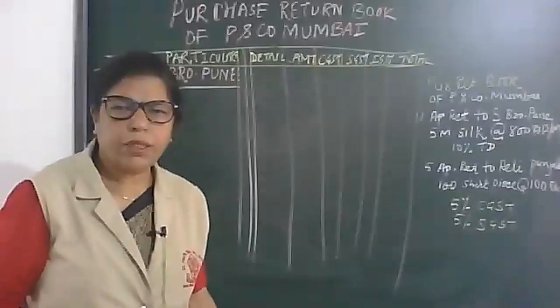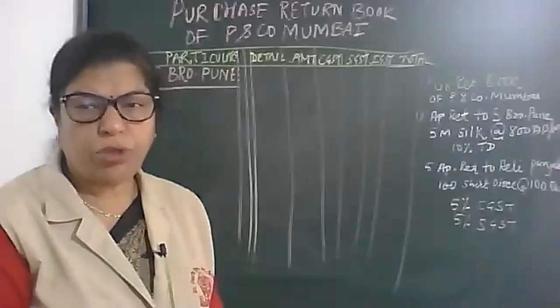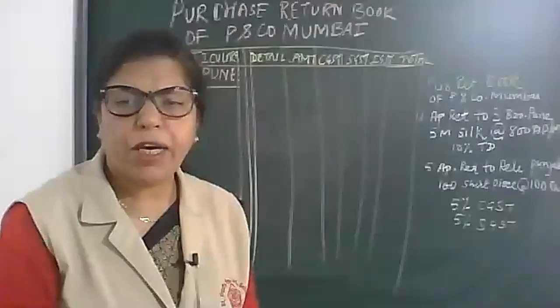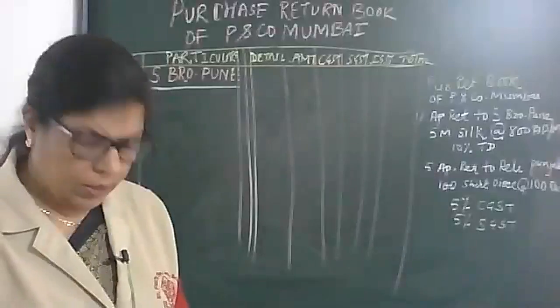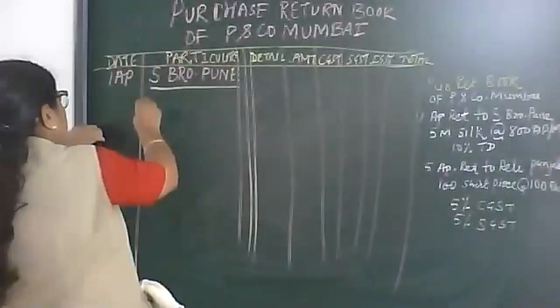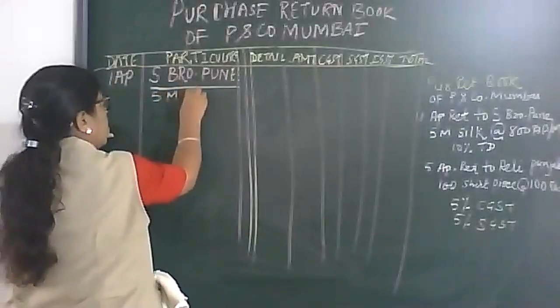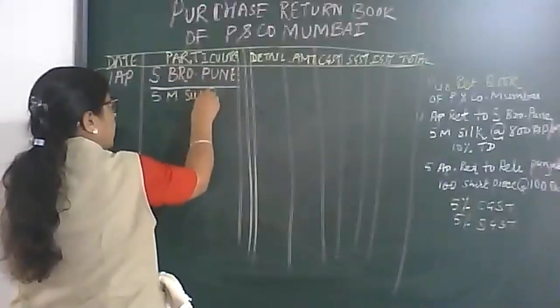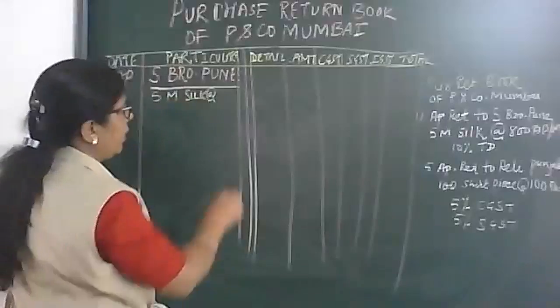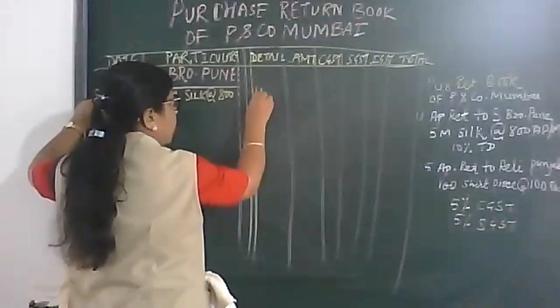Now what to write? 5-meter silk at the rate of 800 rupees.